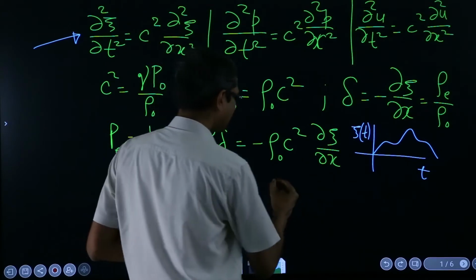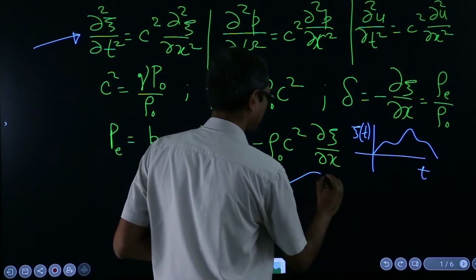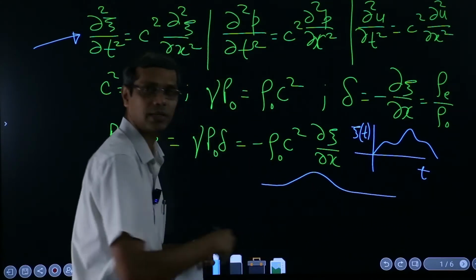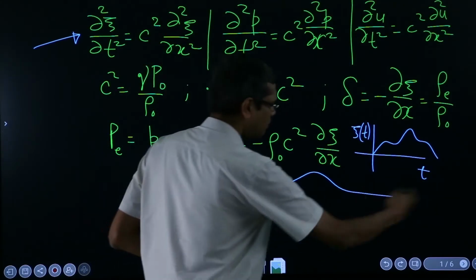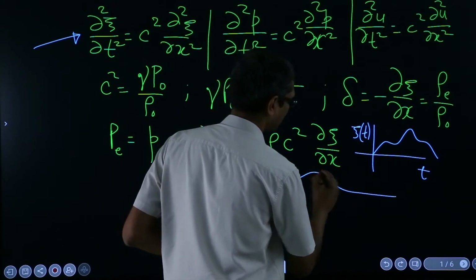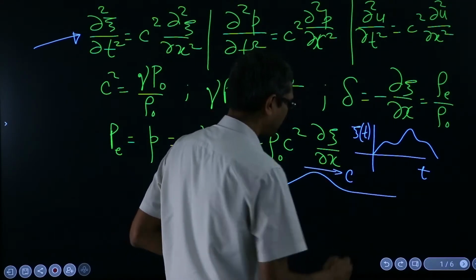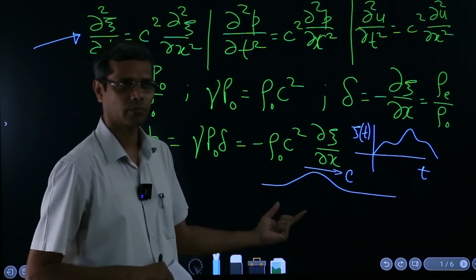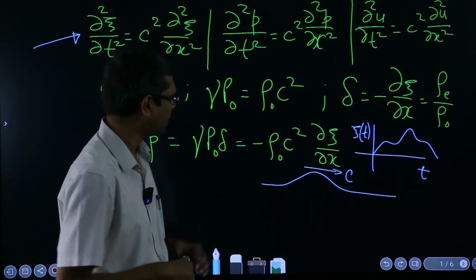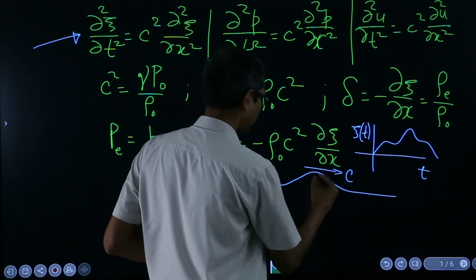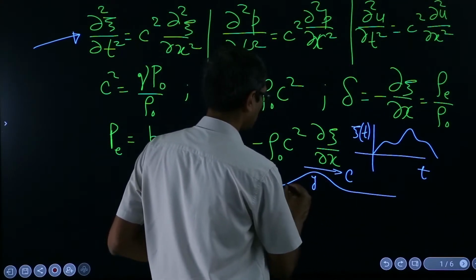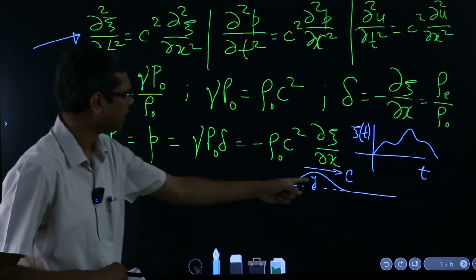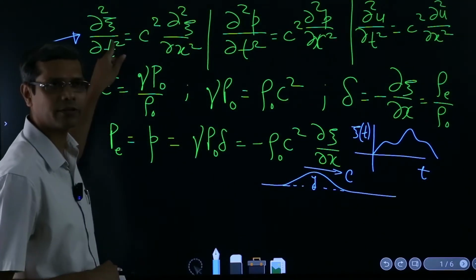In the string, we said that if you start a displacement like this, it just moves in this direction with the speed c without changing its shape and size, you remember? That displacement y was our dependent variable, and it followed exactly this equation.